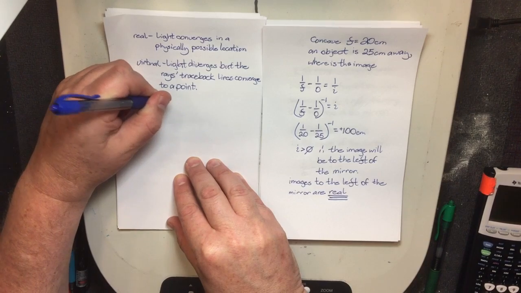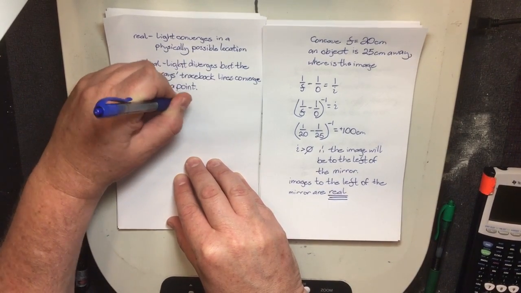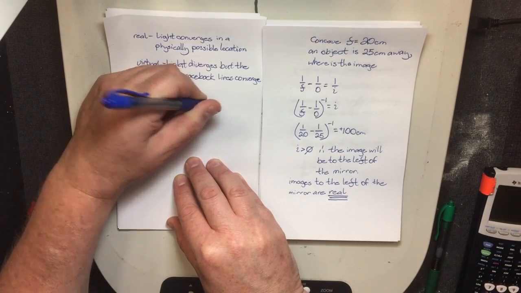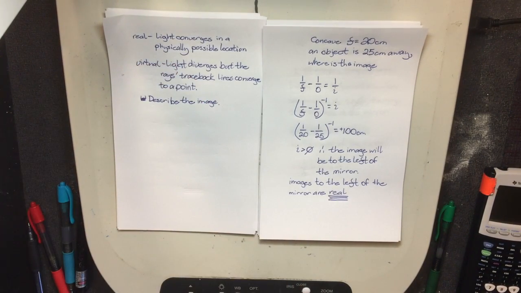Now, this image has to be described. You've all played with a simple convex lens. You've moved it back and forth in front of objects. You've seen the image that it puts up on the wall.